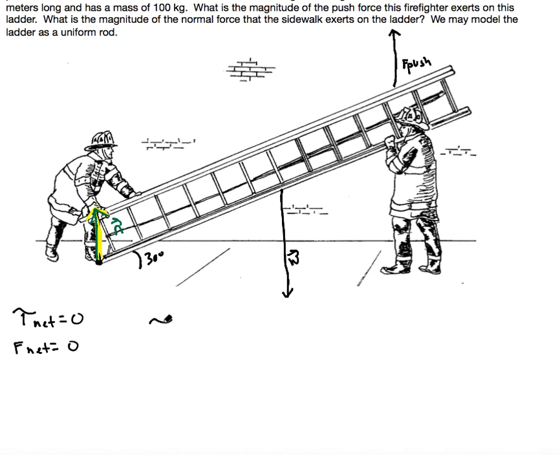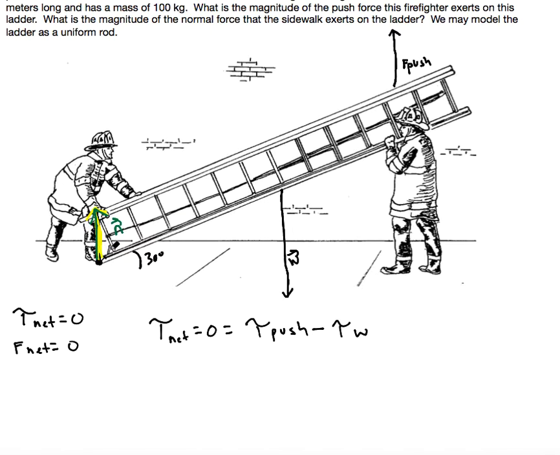So our expression will be net torque equals 0 equals the torque due to F push minus the torque due to weight. And we know this will be a positive torque because it would cause a counterclockwise rotation. And this will be a negative torque because it'll cause a clockwise rotation. And that is our convention.